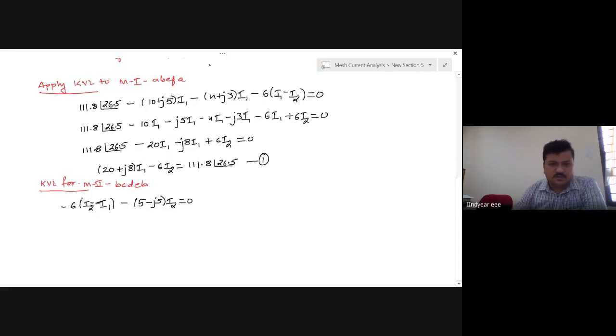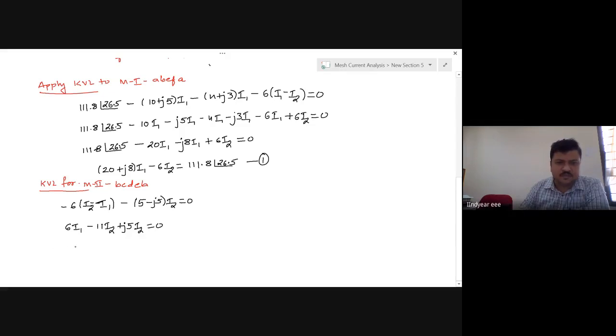So rearranging, it is 6I1 minus 6I2 minus 5I2, that is minus 11I2, plus j5I2 is equal to 0.